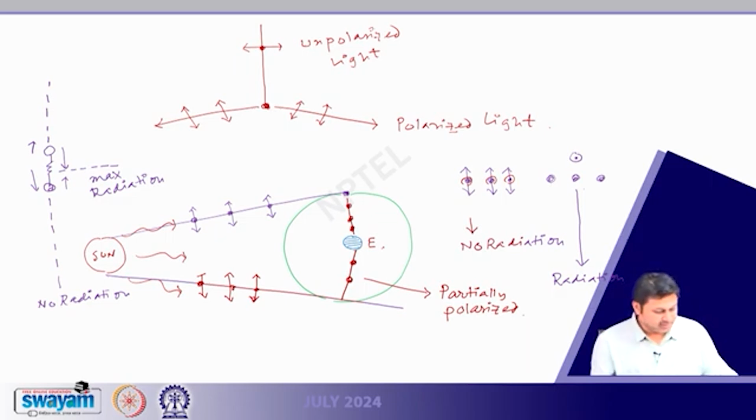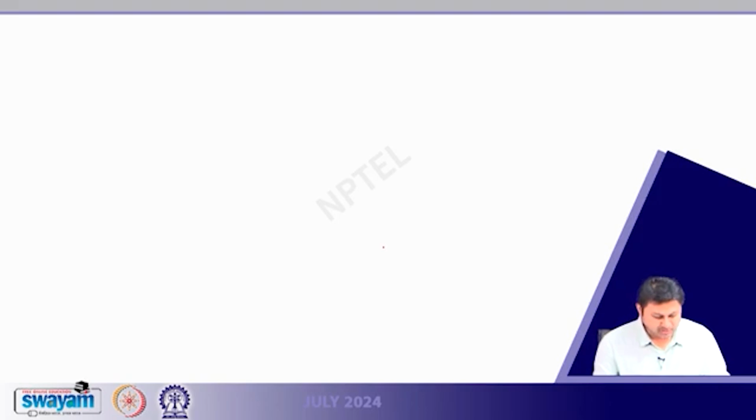Now, let us go forward and see what happens in the other cases. What are the other ways? Another way to polarize light is by birefringence. I listed that in the earlier class.